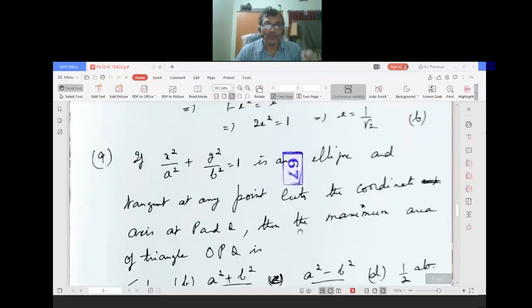So once again I'll explain. First, as I always told you, read the problem properly, understand the problem, then see which fundamental formula can be used there.